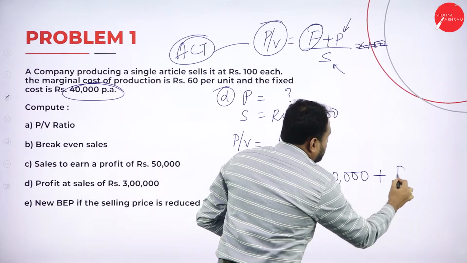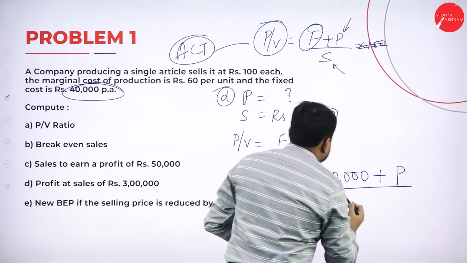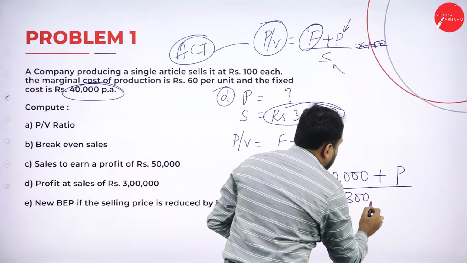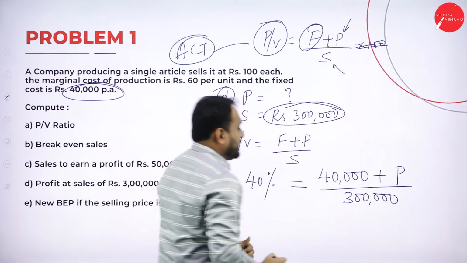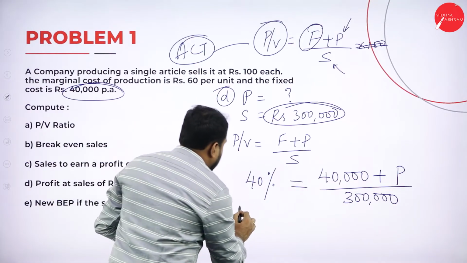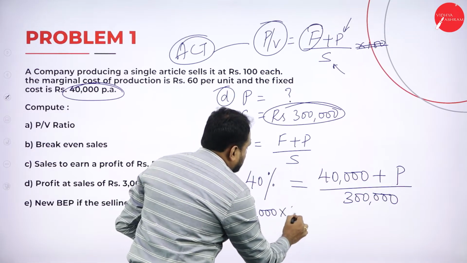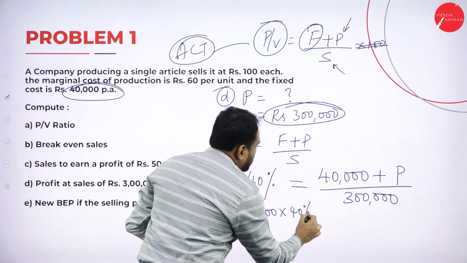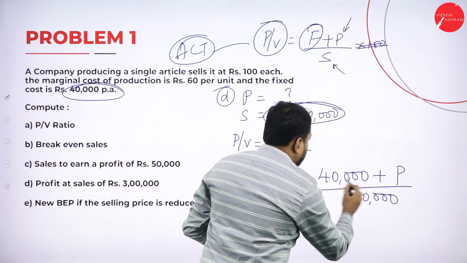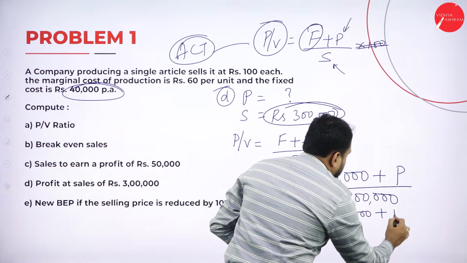plus. Now I don't know P, I don't know profit, but I know the sales. Sales is how much? They have only said 3 lakh. I'll write here 3 lakh. Easy. Now what will I do? I'll move it here. Now 3 lakh into 40% is equal to, let's go step by step, whatever is remaining here, 40,000 plus profit.